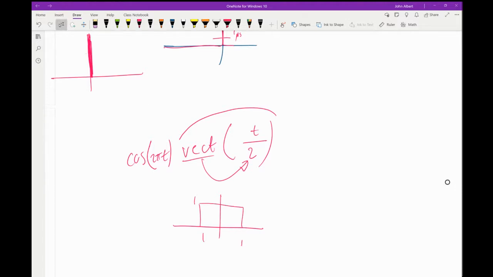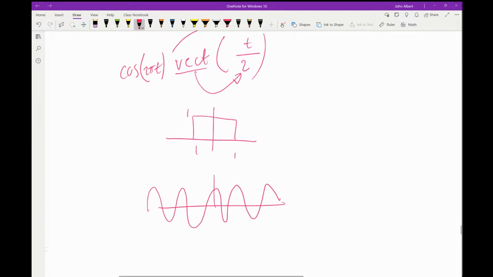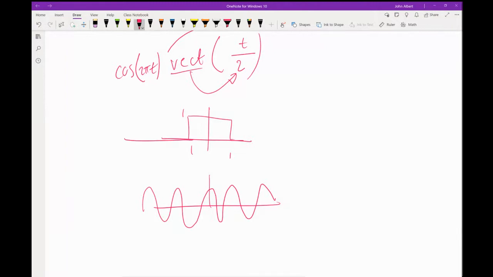And the cosine is just a cosine. Let me just sketch it under. Something like that. Sorry, the sketch is not really good, but I assume that you understand the concept. Now, clearly, this is equal to 0 here and 0 there. So, whenever you have rect equal to 0, what will it do to the cosine? The product becomes equal to 0.